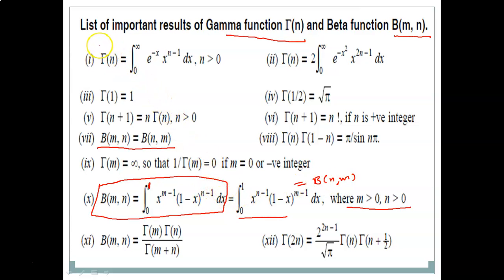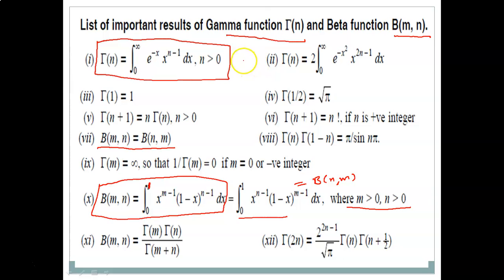Then the definition of gamma function is this one. This type of integral gives you the value of gamma n, and this is the gamma function: x raised to power n minus 1, e raised to power minus x dx, where n is greater than 0. You can also convert it into another form. If you put x square in place of x, it reduces to this form.